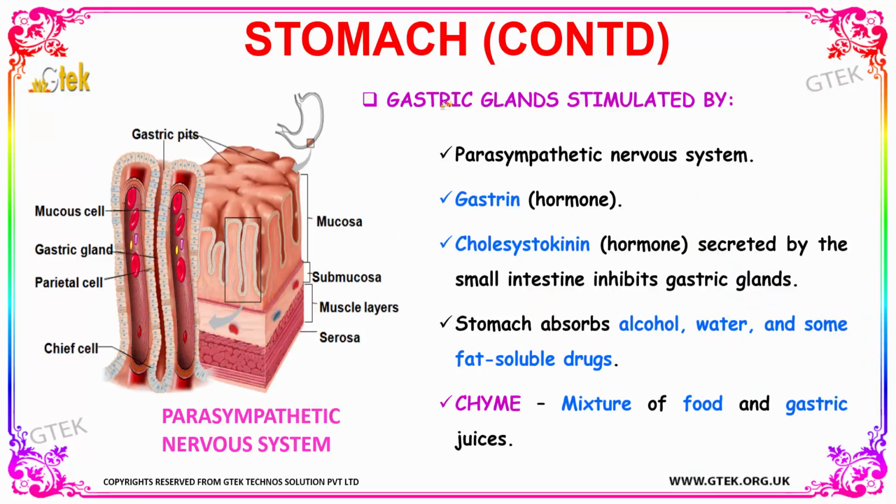You can see that you have the gastric glands. The gastric glands are stimulated by the parasympathetic nervous system. The gastric glands will secrete the hormone gastrin.